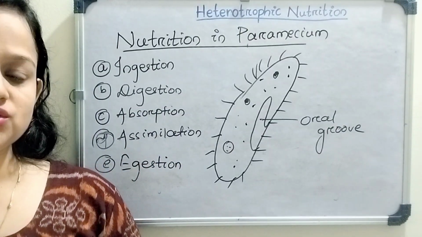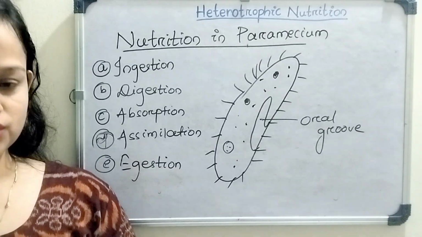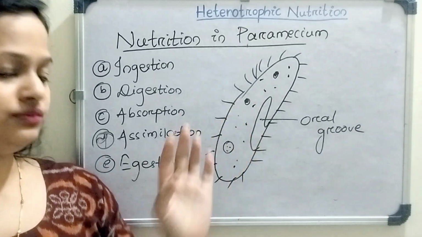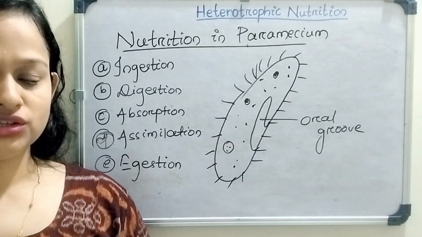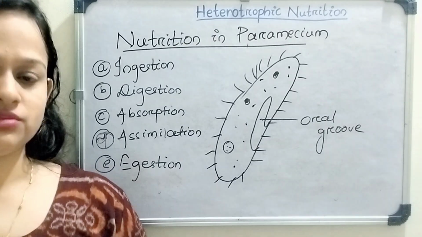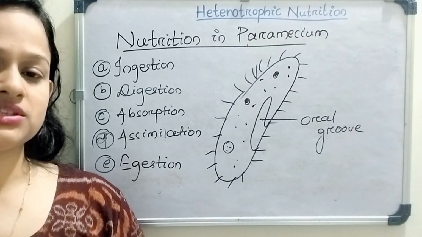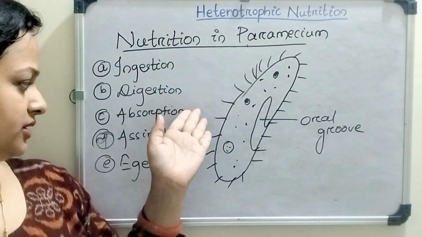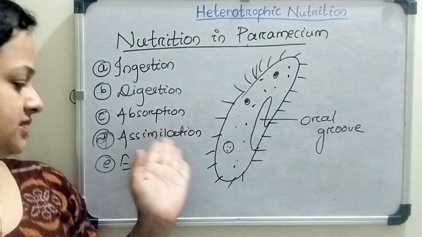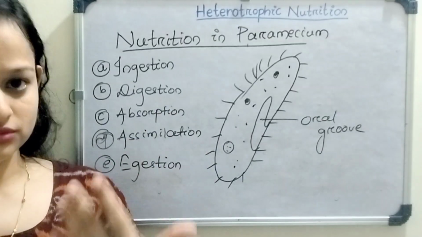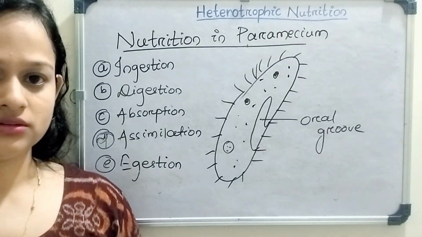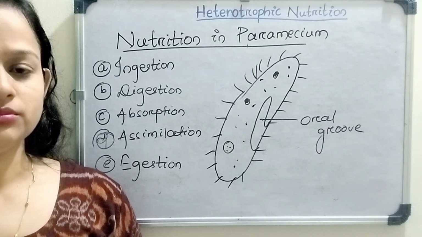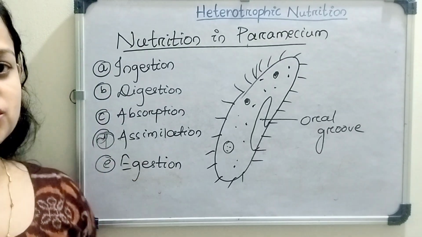The food is ingested through the oral route, then it is digested by some digestive enzymes, and after the digestion it is absorbed by the body and used by the cells, and the remaining is eliminated from the body by the process of egestion.